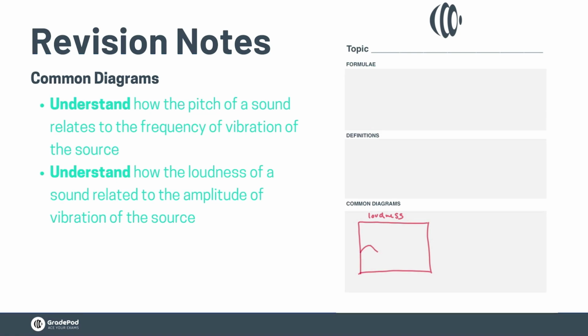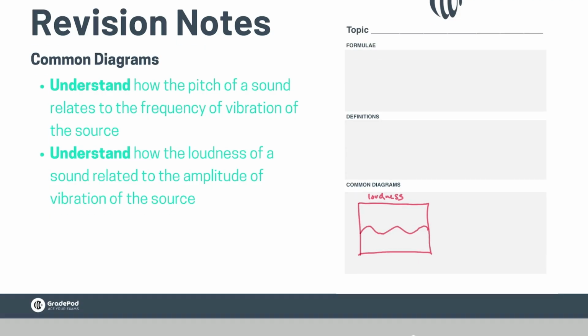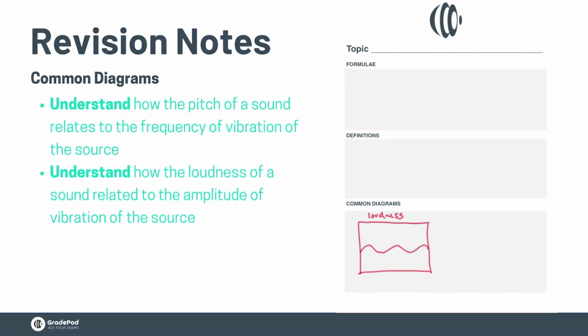We'll do one wave like that, and then a same pitch wave, louder. So you can see the wavelength is exactly the same. It's just got a higher amplitude. The amplitude is greater and it's louder.